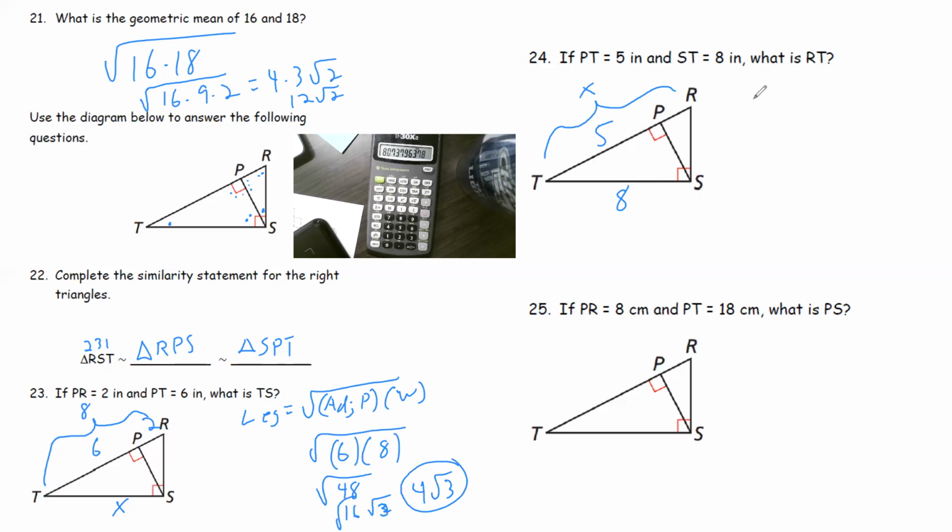Again, that's a leg formula. So 8 is equal to the square root of 5, which was the adjacent part, times the whole, which was x. Square both sides. I'm just finishing our thing from last period so I can post this. That's 64 equals x. Wait, I did something wrong.